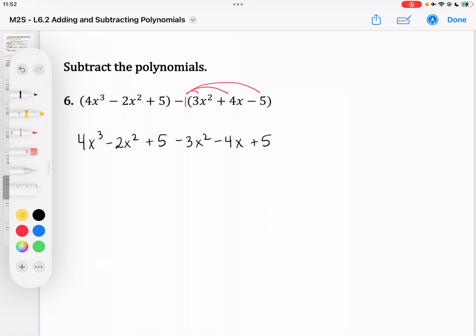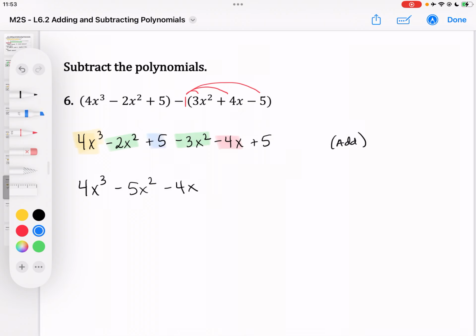And then we're going to go ahead and combine like terms. So there's no other term that has an exponent of 3, so I'll write 4x cubed. We have two terms that are squared, so I'm going to add those together. So remember, I'm adding now when I get to this step. So -2 plus -3 is -5x squared. And then I've got this minus 4x, so I'm going to write that down because there's no other term that has an exponent of 1.